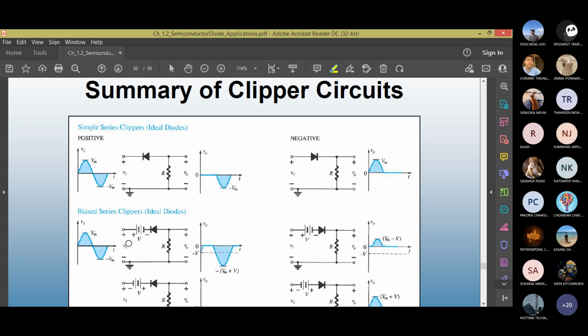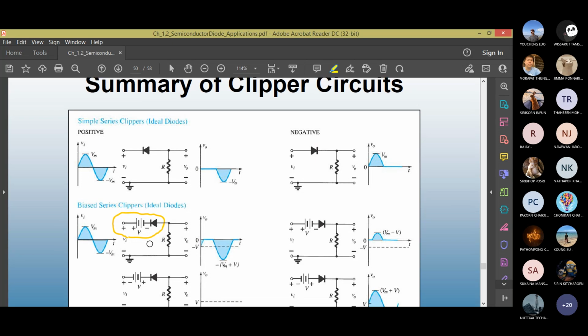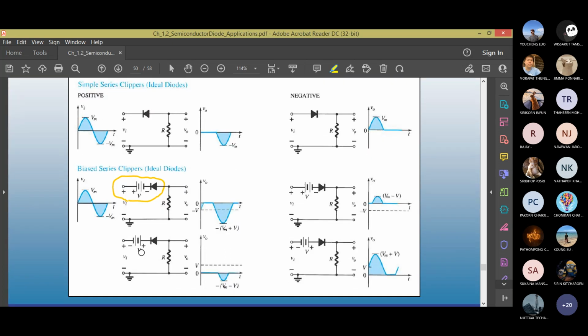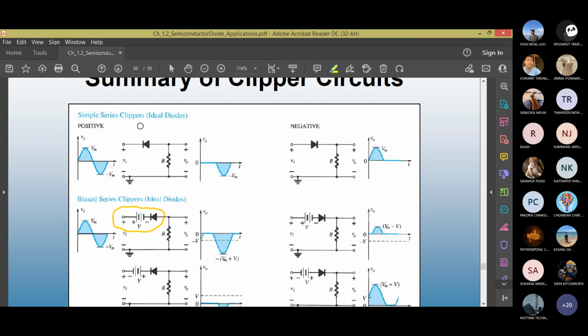Then there is a generic example of a biased series clipper, ideal diode. What will happen during the positive peak and what will happen during the negative peak? You can even change the polarity of the battery or the DC source inside. This is for positive half cycle and negative half cycle. You can get both.